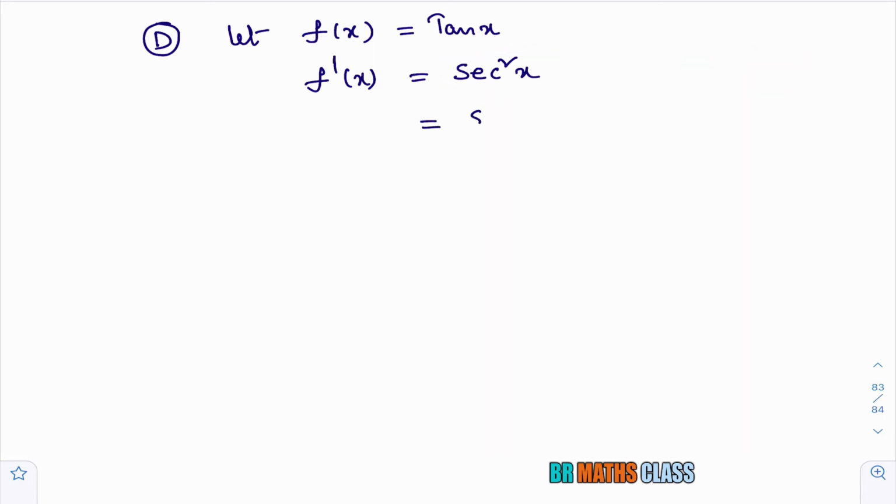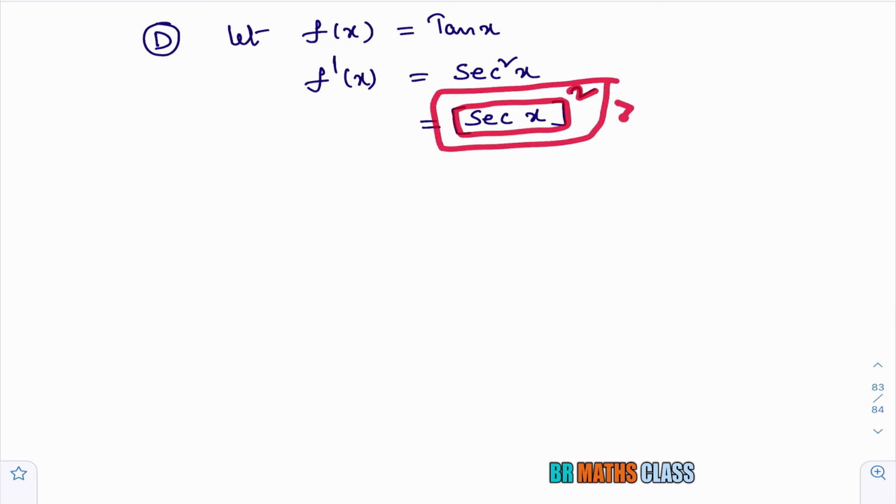Here, this is secant square x. Now, secant square x can be written as secant x whole square. It can be understood easily that x belongs to open interval 0, pi by 2 means x is in first quadrant. In first quadrant, secant x is positive. So, positive whole square is there. So, this expression is clearly positive when x belongs to open interval 0, pi by 2.